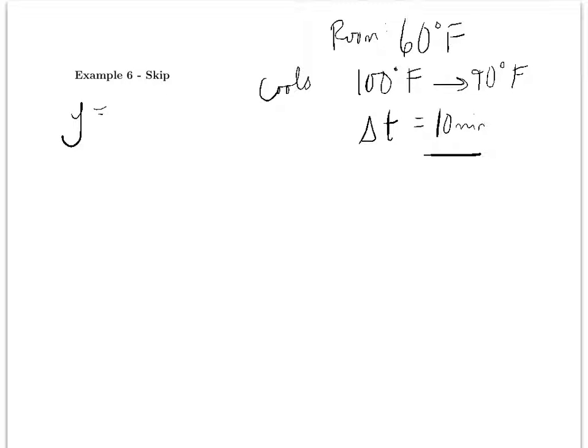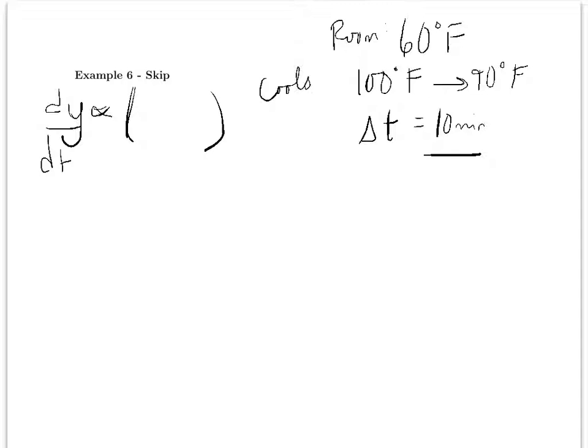Newton's law of cooling says that the rate of change in temperature of an object, dy/dt, is proportional to the difference between the object's temperature and the temperature of the surrounding medium. So it's the temperature of the room it's in. It's not just related to its own temperature, but to the difference between its current temperature and the room that it's in.